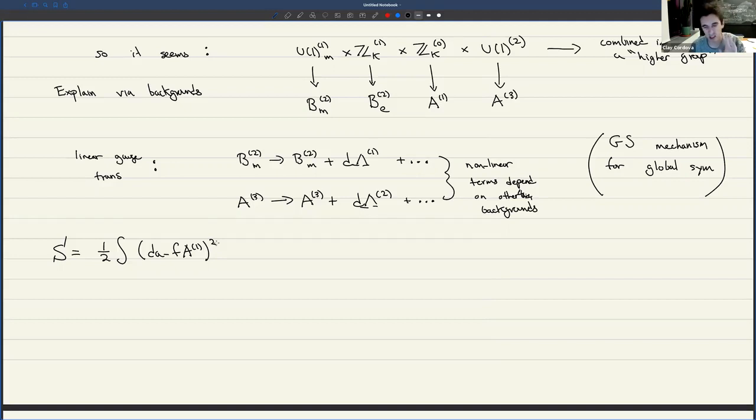Suppose I'm in a theory where I have 3 currents and I'm unsure whether the symmetry is SU2 or U1 cubed, and I say, well, it's really SU2, but I'll do the correct linear transformations and leave off the nonlinear terms. The action will shift by a non-trivial operator, not by a multiple of the identity. And that's what we would find in this situation as well.